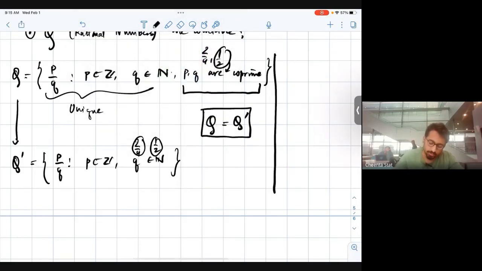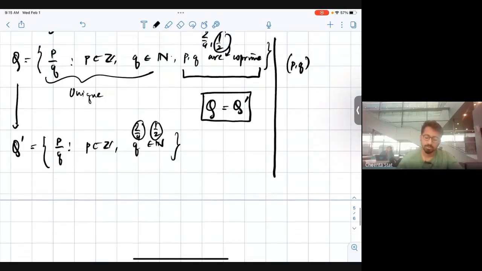But this Q set, the rational number set, is nothing but equivalent to pairs of numbers, P and Q, where P is an integer and Q is a natural number. So you can see that every rational number is equivalent to a pair of P and Q, right?